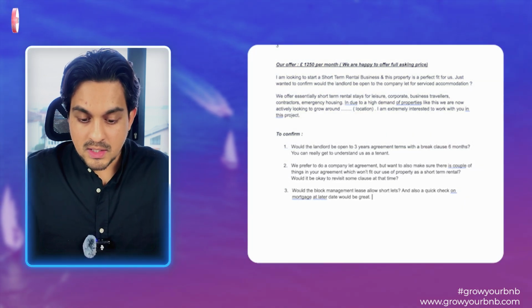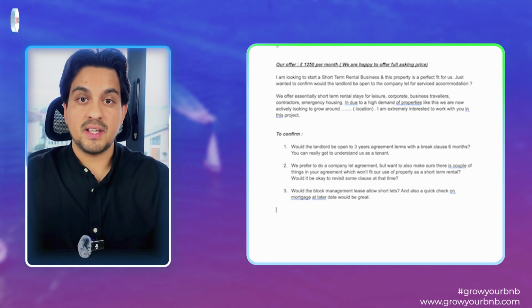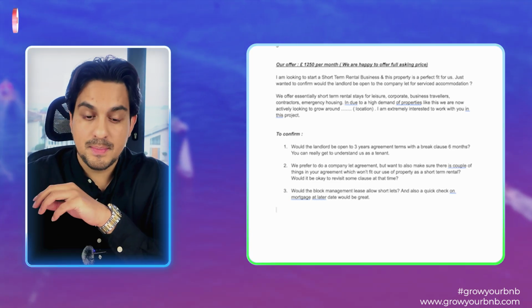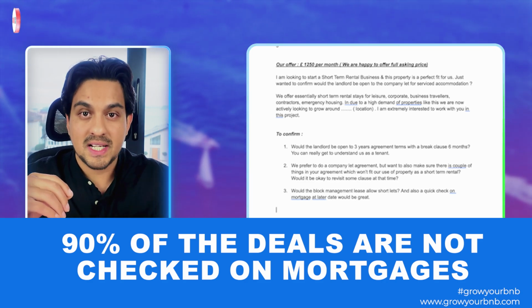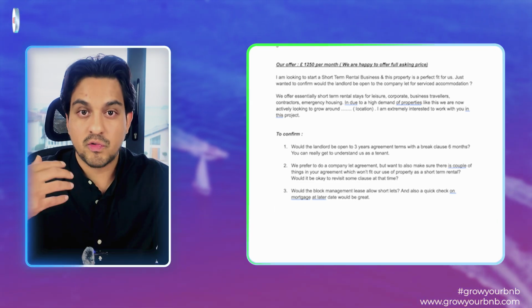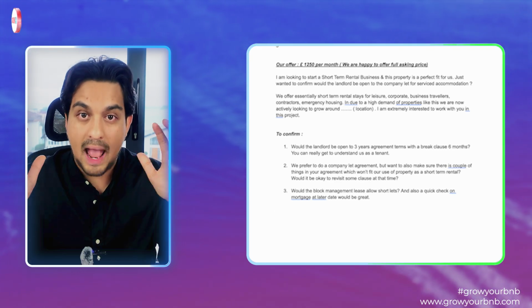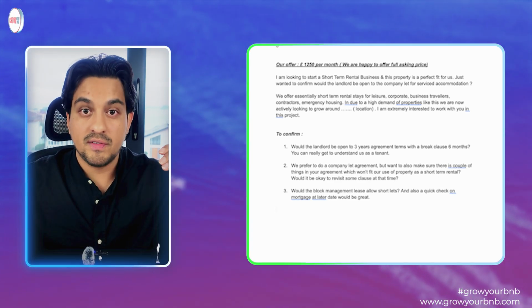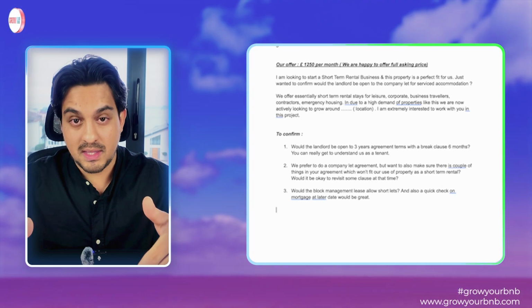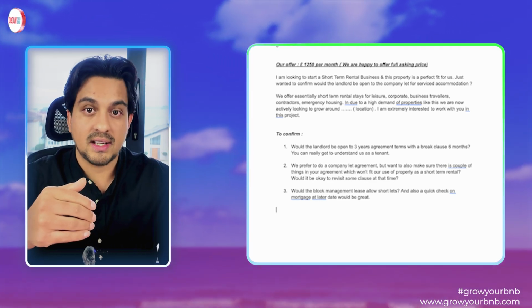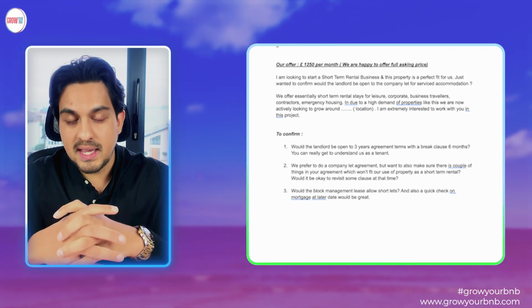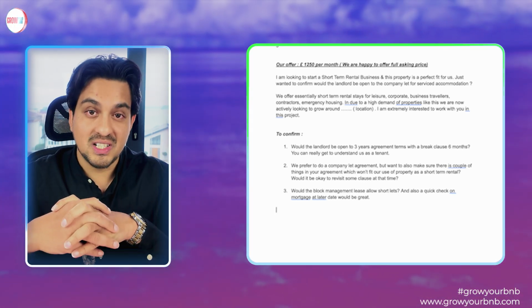Cool. So again, guys, being honest, in the UK right now, 90% of the deals are not checked on mortgages. If somebody's got a buy-to-let mortgage and hasn't got consent from the lender, effectively you are doing a wrong deal. You are safeguarding yourself by doing this, but there are many people I know who don't actually check landlords' mortgages, and it's a big error when you're taking on units.